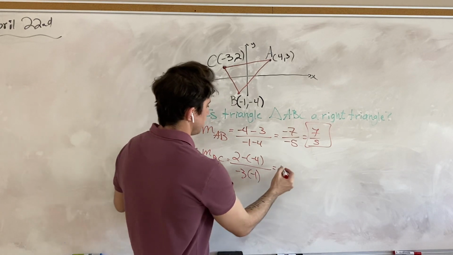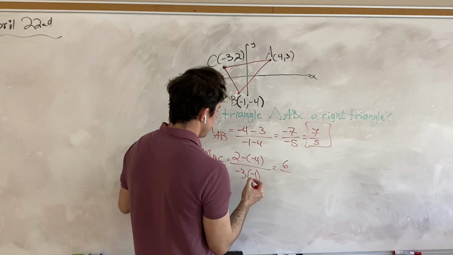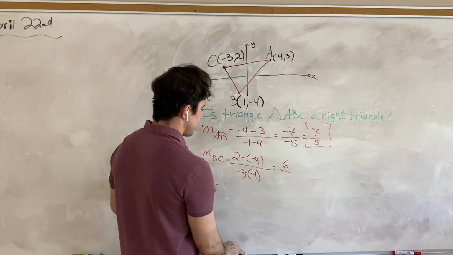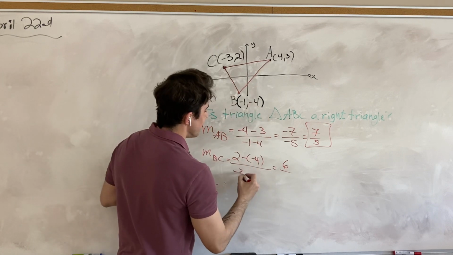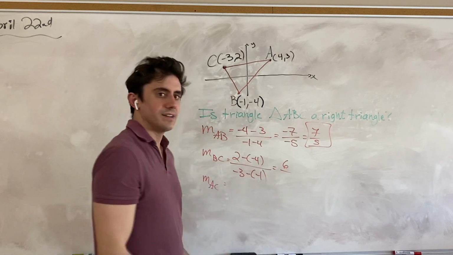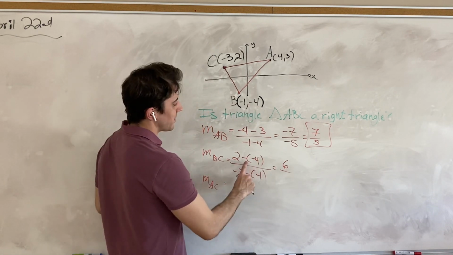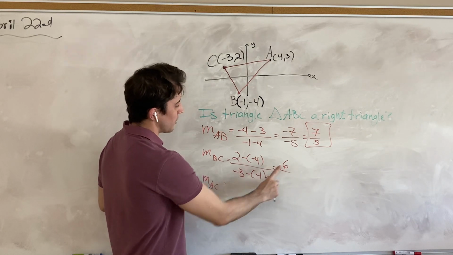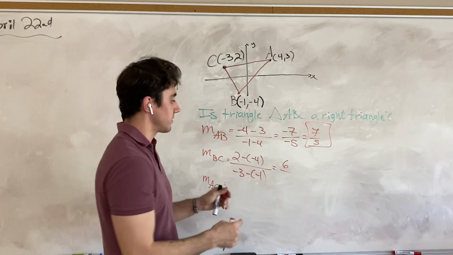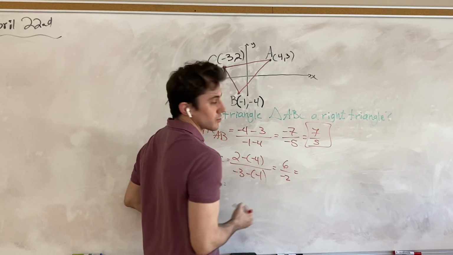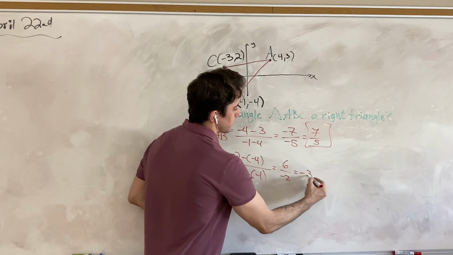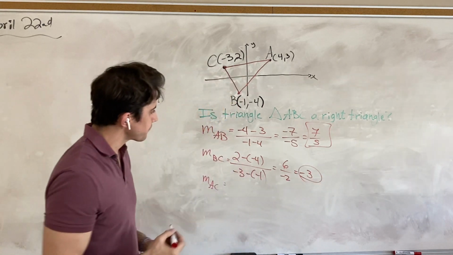And that'll be +6 over -3 minus -1, which is like -3 plus 1, which is -2, right? And 6 over -2 we can write as simply -3.